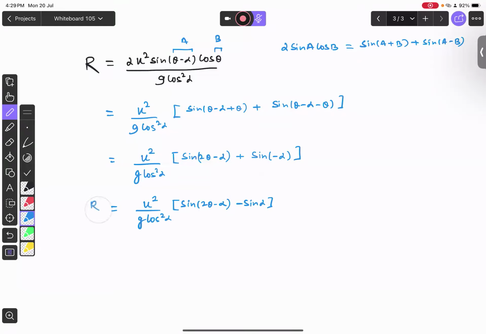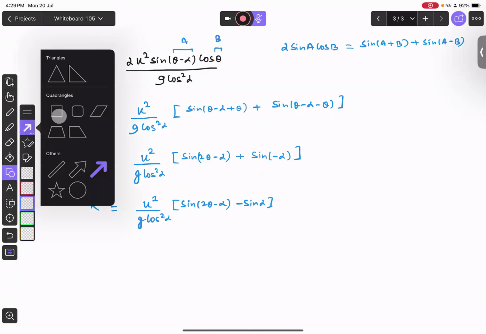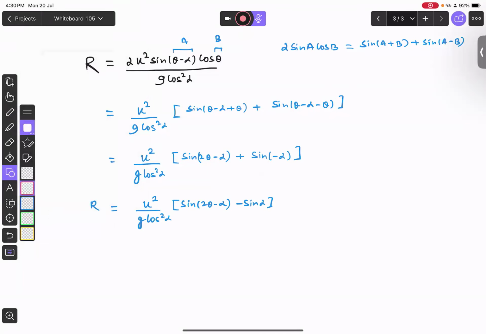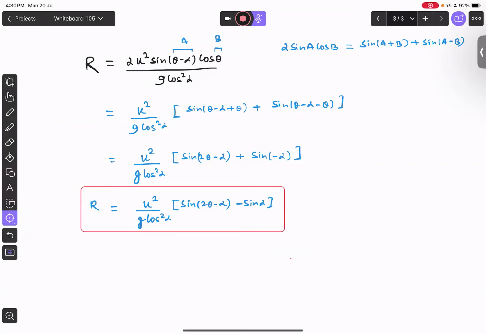Now the reason why we have done this much is because theta is the only variable. If I vary theta while keeping other things constant, u I am not changing, g I cannot change, alpha I cannot change, then in the earlier result both the terms will vary.